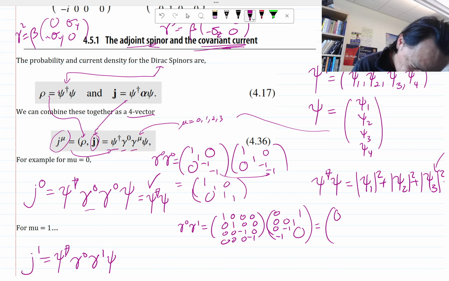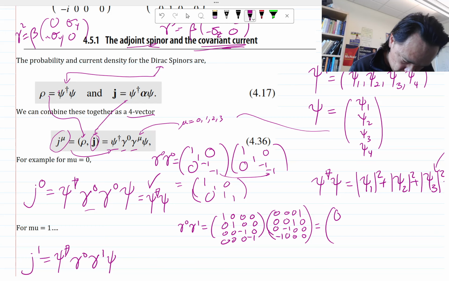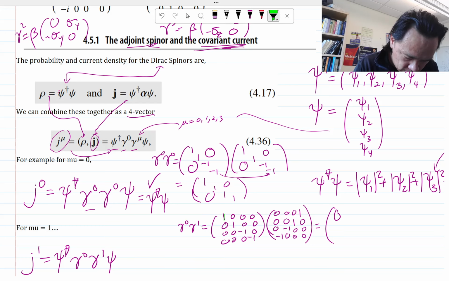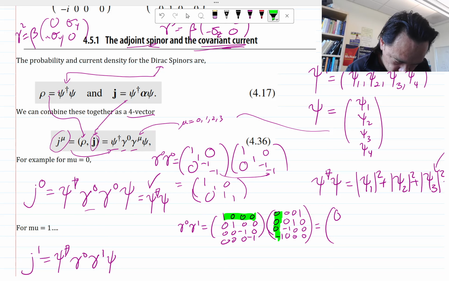Okay, so this part is 0. Unfortunately you can't see my hand, but what I'm multiplying is this row with this column. Since none of the indices actually match, 1 gets multiplied by 0, and 0 gets multiplied by a bunch of zeros, and then -1, that still turns out to be 0.